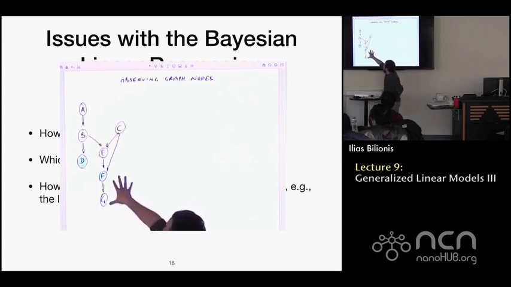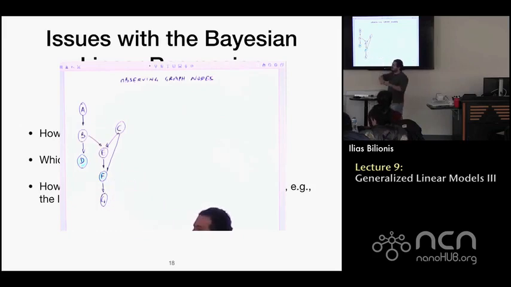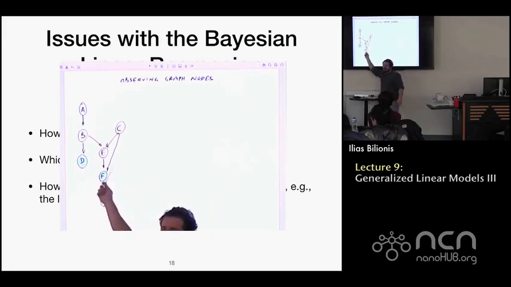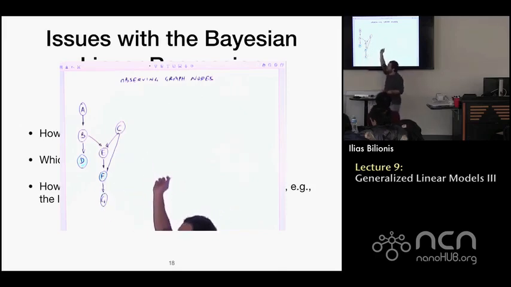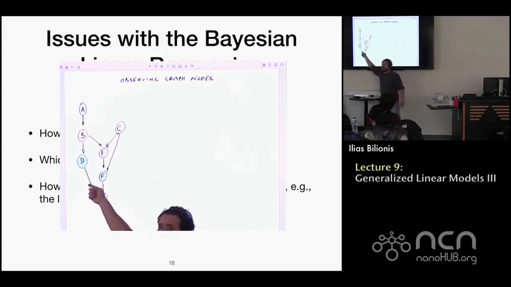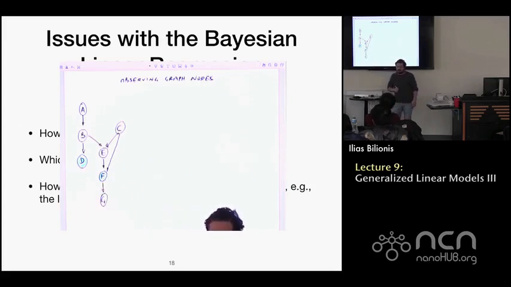So here we have this graph, but now we are observing random variables D and F. Whenever I shade them, that means that I have observed them. So I'm observing D and F. And now what I want to get is the distribution of everything else conditional on D and F. Here's how easy this is.